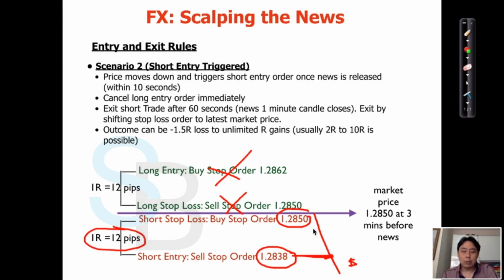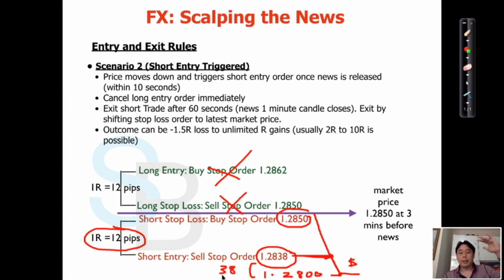All right. So the moment this is triggered, say it goes down all the way to 2800. Okay. So that's our current market price here. So if the price goes from 2838, where we sold it, to 2800, we have made 38 pips in profit, right?